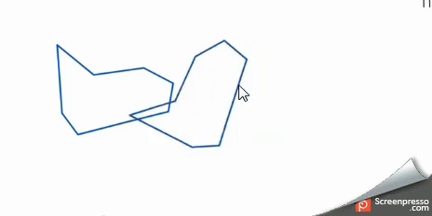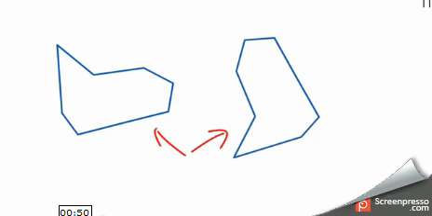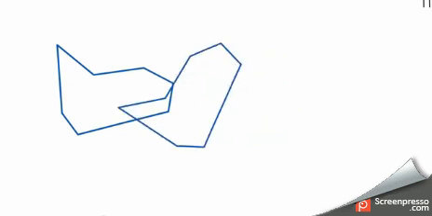Attention with me. Now I will move it. Excellent. Return it again and move it again. Attention with me. Oh, mister, it becomes the same heptagon because we put the corresponding sides over each other. Okay. So these two heptagons are congruent.